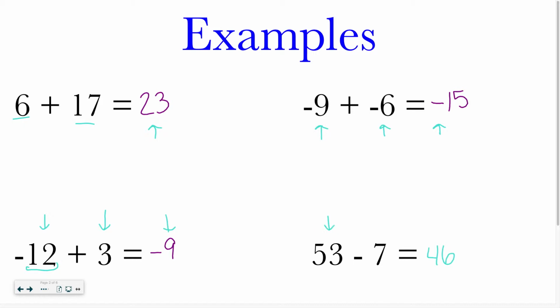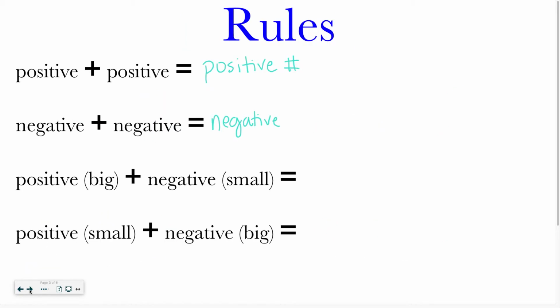Then if we have a positive plus a negative and the positive number is the bigger one, our answer ends up being positive, like the last one on that page. And if we have a positive number that's small and a negative number that's big and we add them together, our answer ends up being negative. This information can be really helpful when you're trying to figure out what your answer should be.